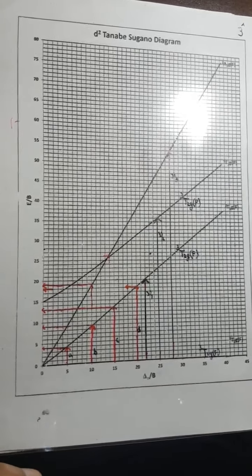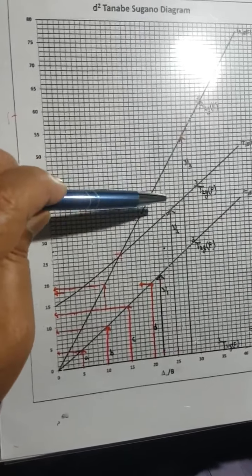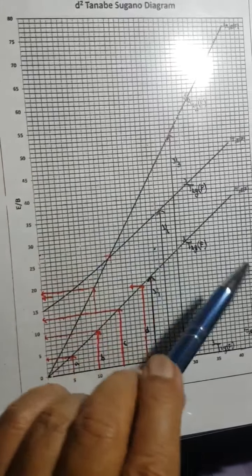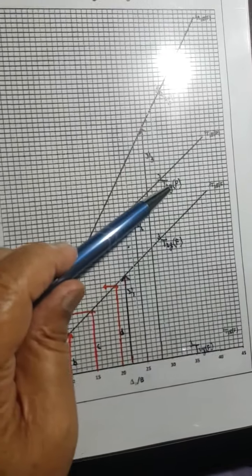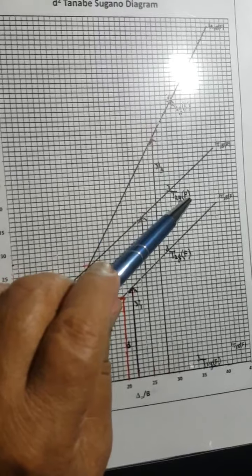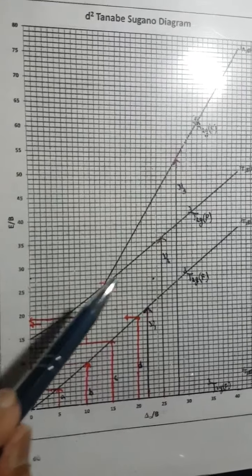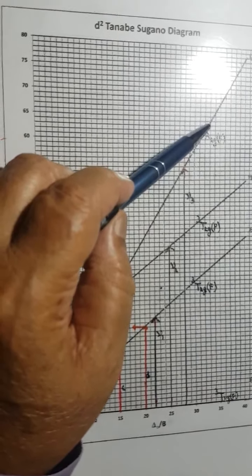This diagram is only representing the triplet states, T2g triplet coming from P here. I should have written here P, and similarly A2g triplet.